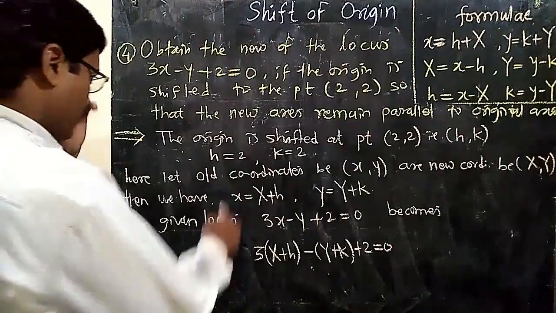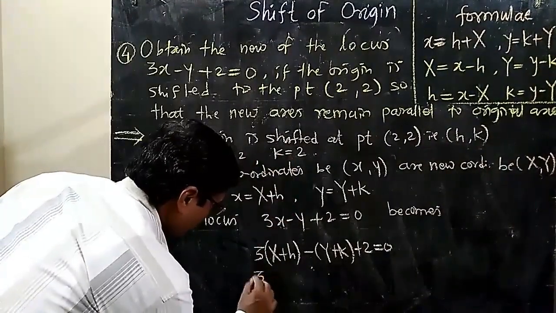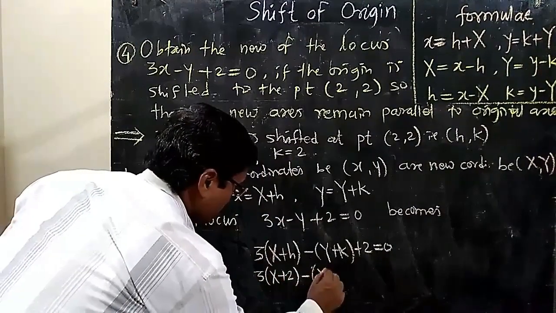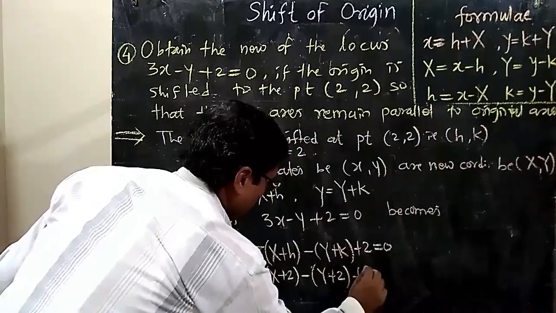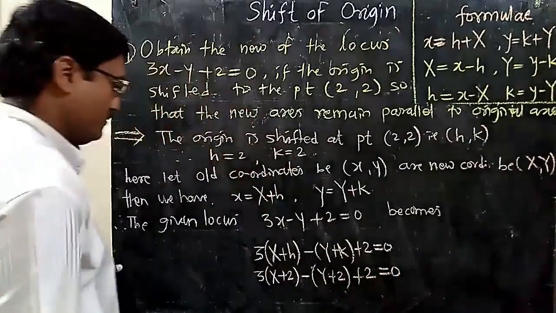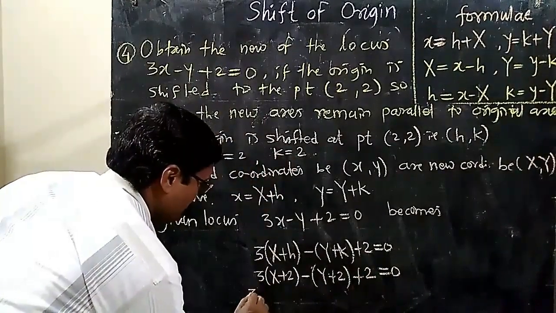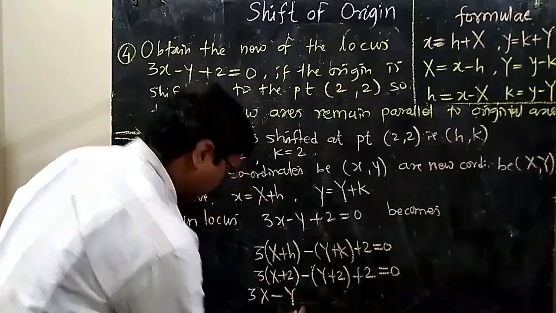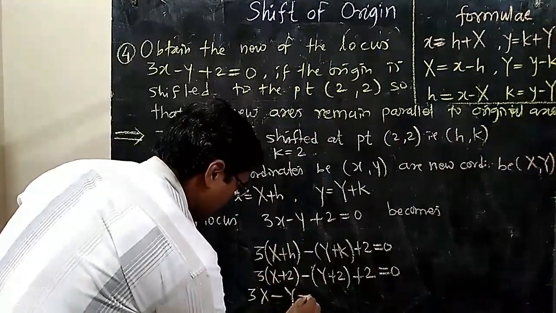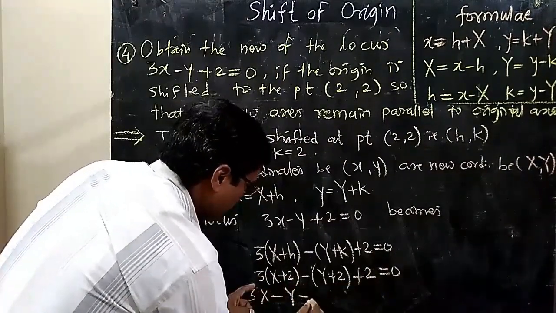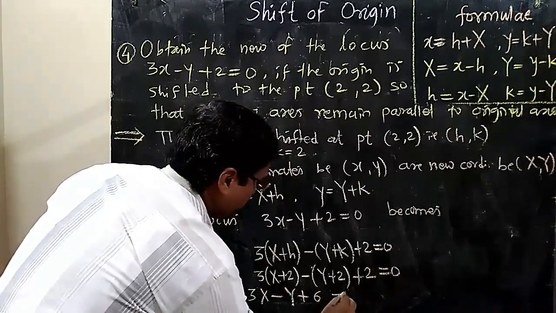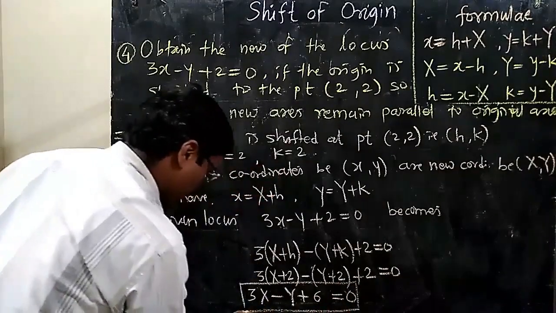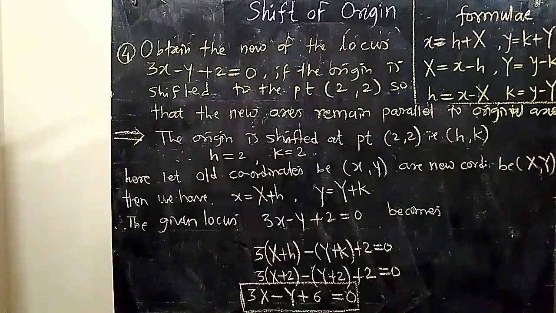Put the values of h and k as 2, we get 3 into X plus 2 minus Y plus 2 plus 2 equal to 0. So we get 3X minus Y, then 3 into 2 is 6, minus 2 plus 2 get cancelled, remains only plus 6 equal to 0. So this is the new equation of line.